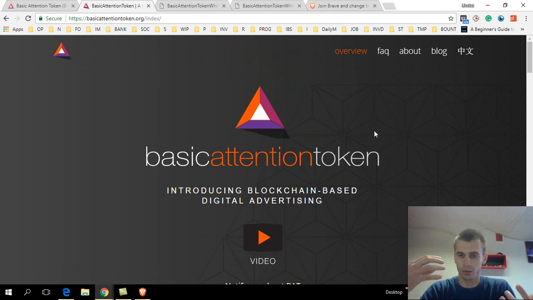If the project goes big, there will be a lot of demand for the token because it will be used for everyday browsing. And if the Brave browser manages to get a decent chunk of the browser market, if it goes big as Mozilla, or at least gets a couple percent of the browsing market and continues to grow, this project can definitely go through the roof and the token price can increase.